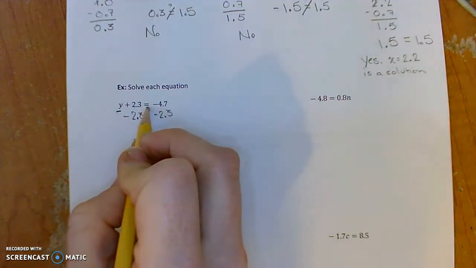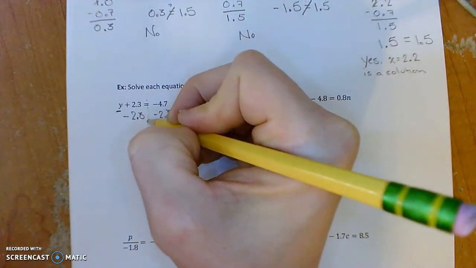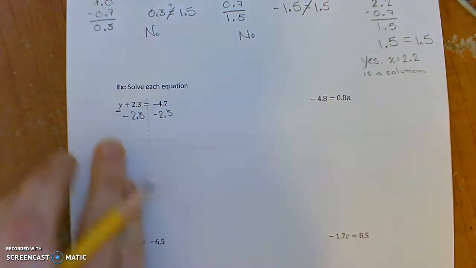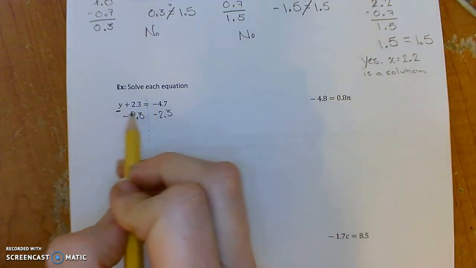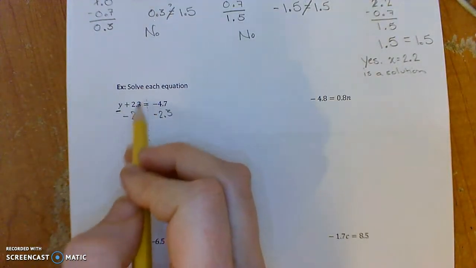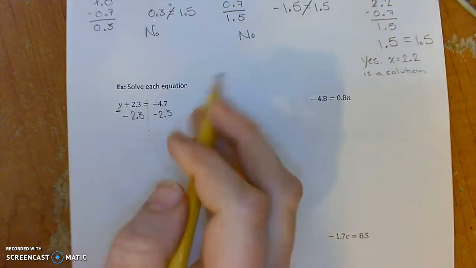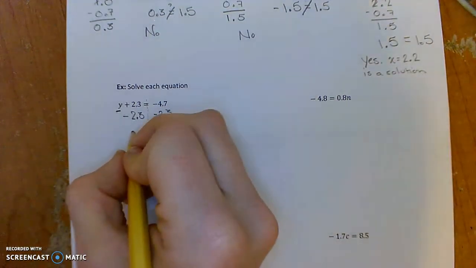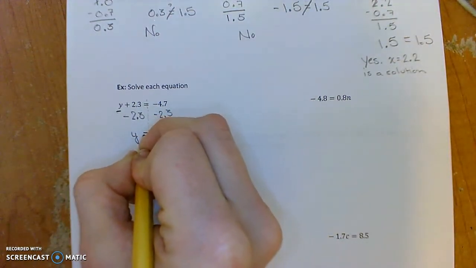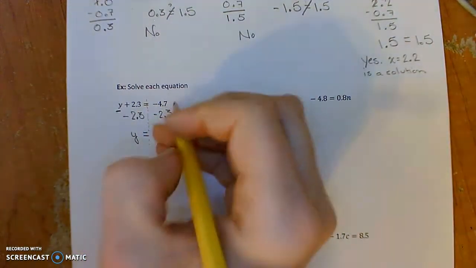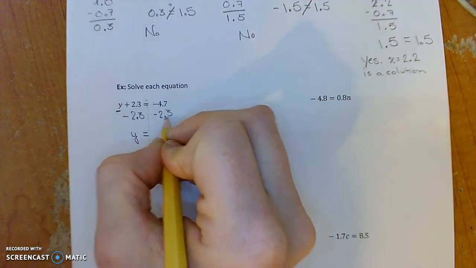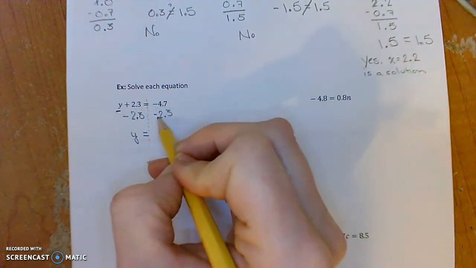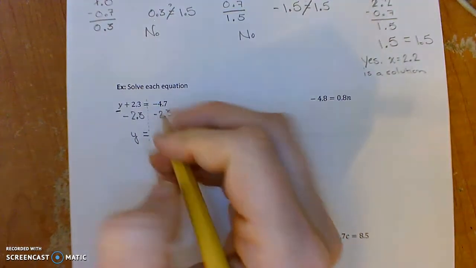Always remember that the equal sign kind of separates your equation into two halves. There's the left-hand side and the right-hand side. All right, so y plus 2.3 minus 2.3, that adds to 0, so that will go away. I'm left with y by itself on the left. And on the right-hand side, I need to do negative 4.7 minus 2.3. So remember, this is the same as plus a negative 2.3.